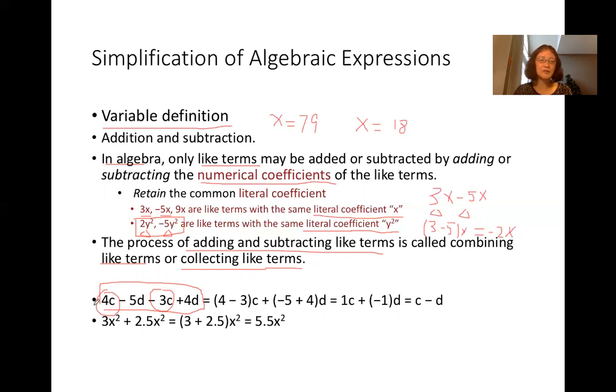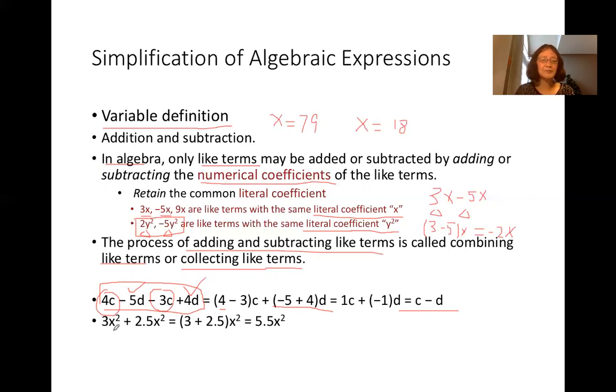The numerical coefficient for 4c is 4. The numerical coefficient for negative 3c is negative 3. And you copy down the c. Similarly, you do the other like terms, negative 5d, positive 4d. It is here, negative 5d, positive 4d. And this is the end result.